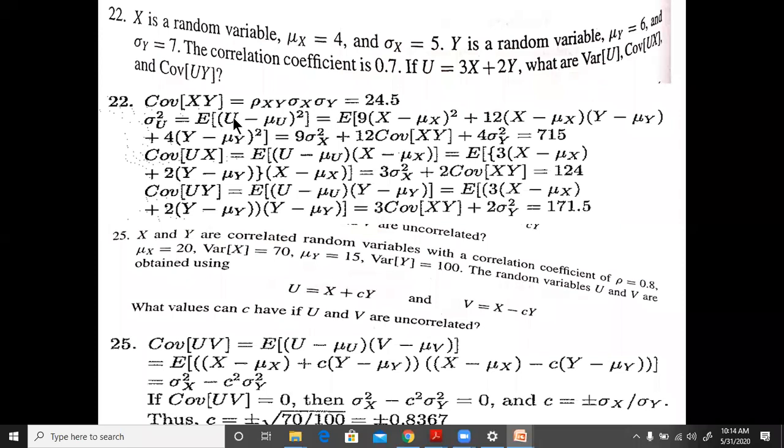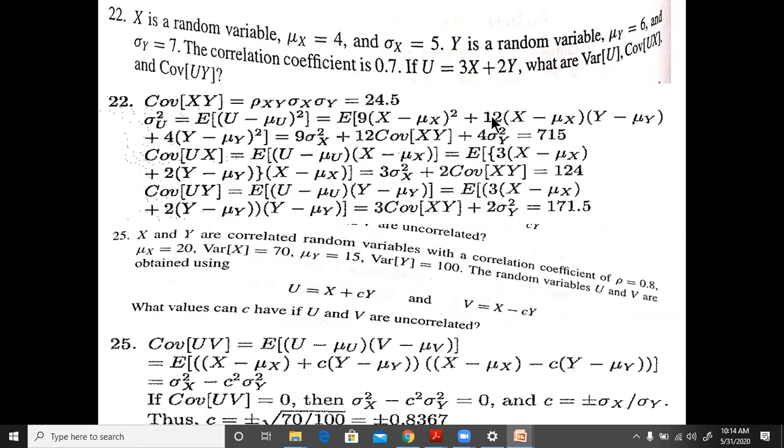So that just means that it will become u square minus mu u square. So u square will give you this term and this term together, and mu u and mu u square will give you the quantity which is this.